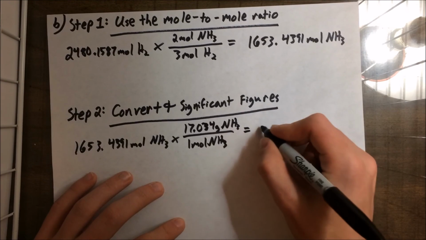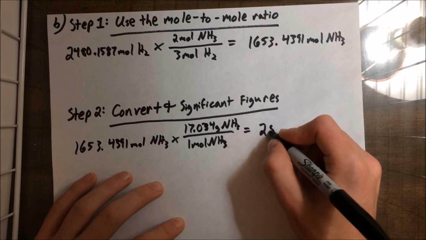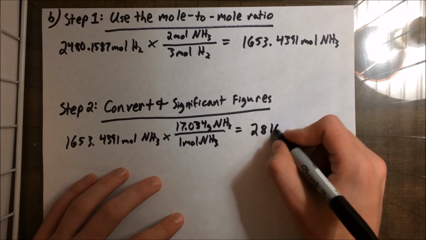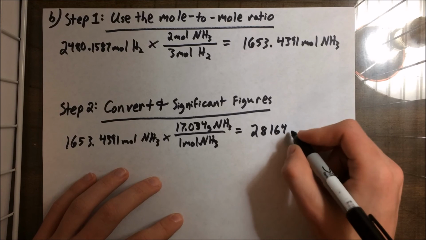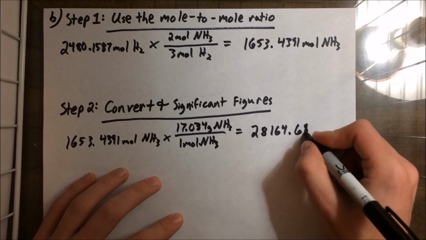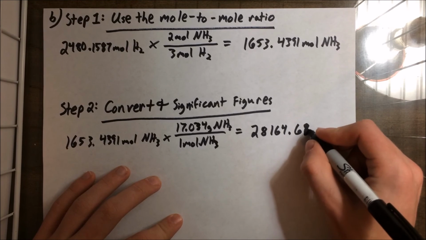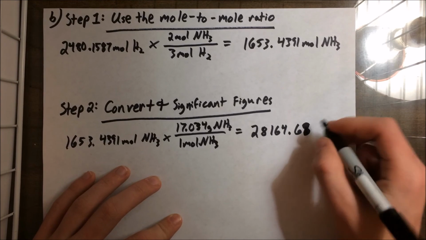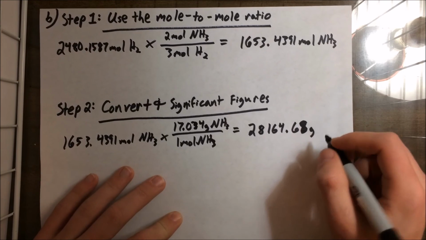And that gives us 28,164.68 grams of NH3.